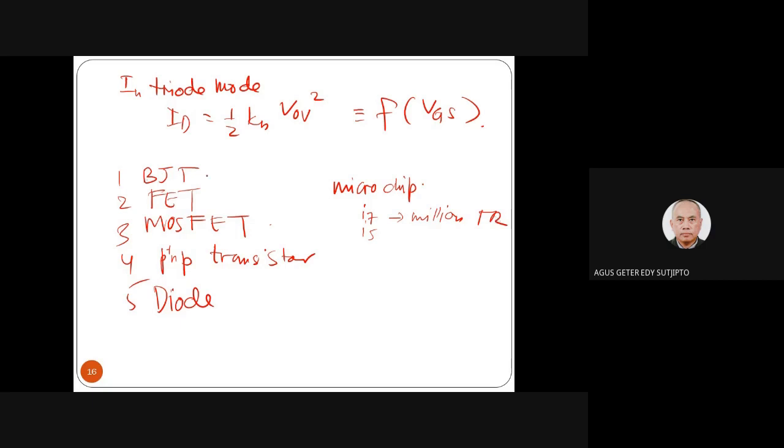So we can fabricate the BJT, FET, MOSFET, PNP transistor, and diode at a small scale. Then we can increase the capacity of the microprocessor and the function of the computer, for gaming, programming, calculating, and so on.